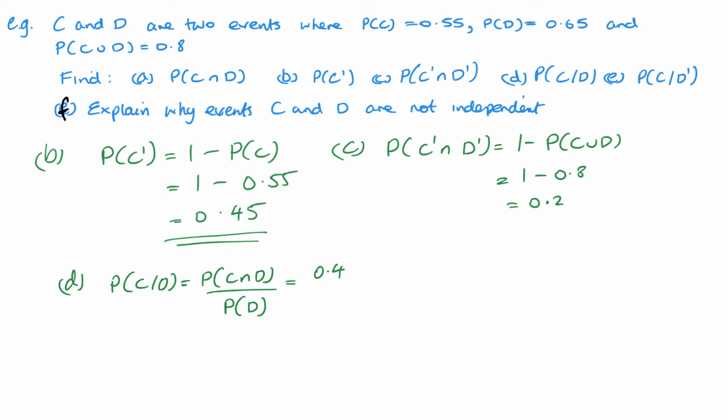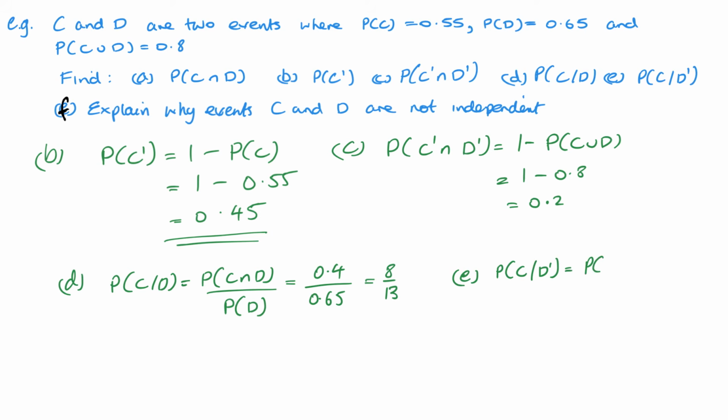We found that in part A, didn't we? And the probability of D is 0.65. So 0.4 over 0.65 gives me my 8/13.